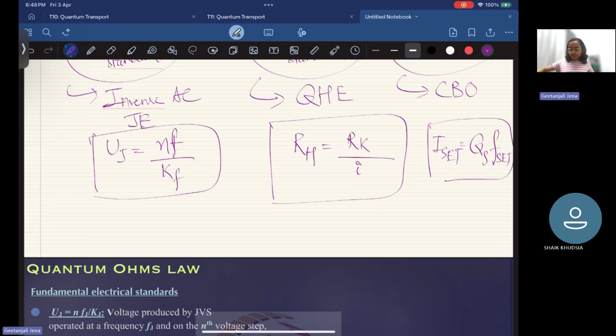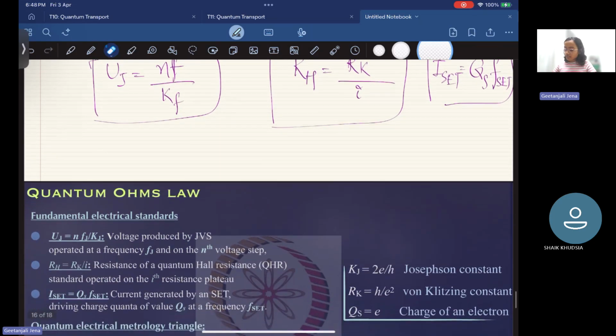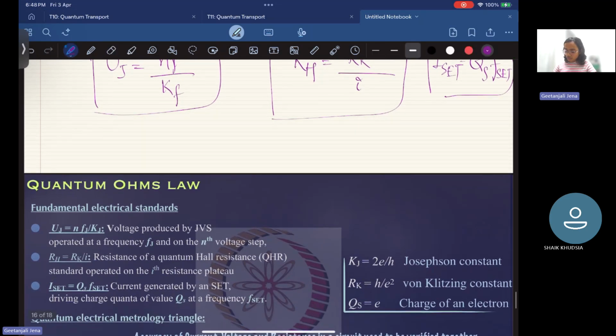Okay. So if you combine all these voltage, current, and resistance standards, then we'll see the quantum version of Ohm's law, where we can express UJ, that is V equals IR.